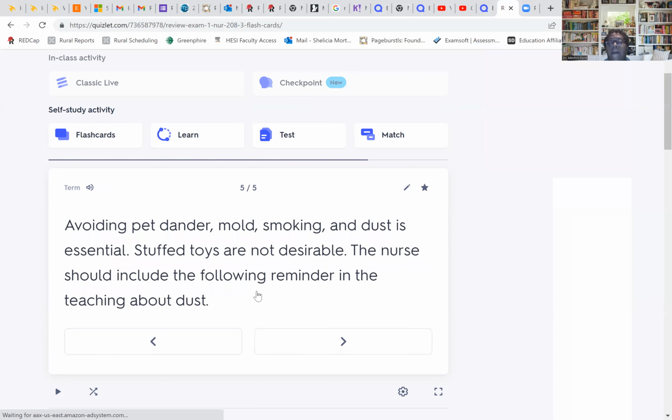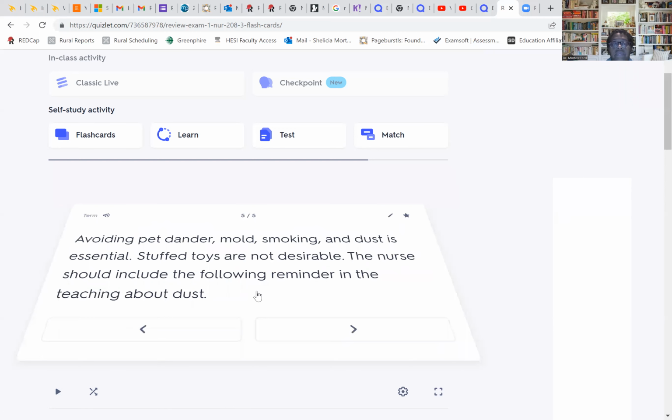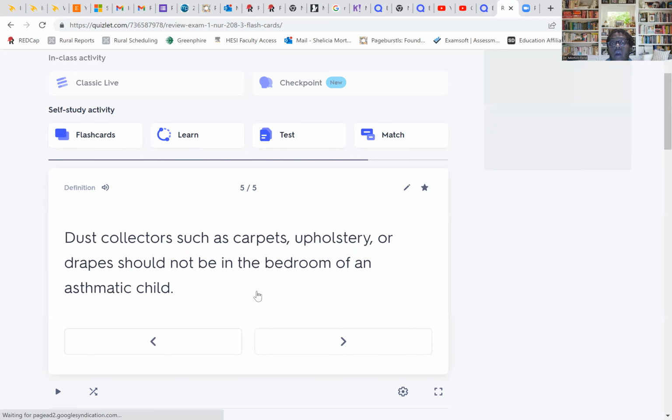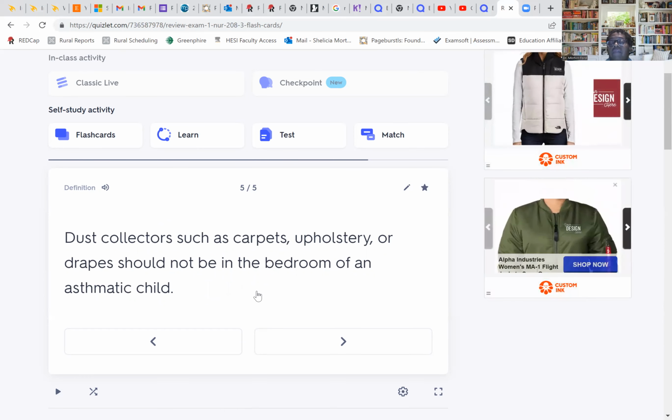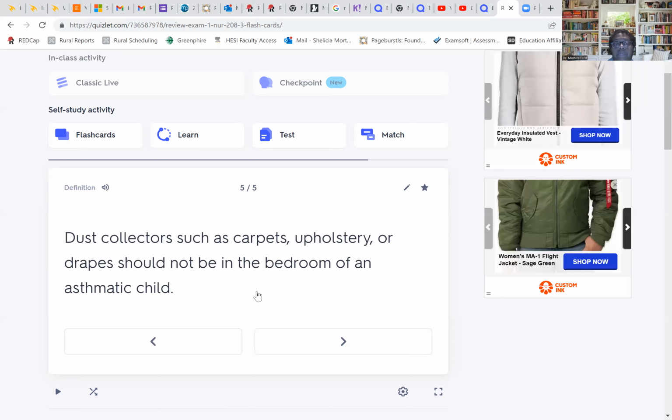Avoiding pet dander, mold, smoking, and dust is essential when we're talking about people that have asthma, particularly children. Even stuffed toys are not desirable because they collect dust and dander. So the nurse should include the following reminder in the teaching about dust: dust collectors such as carpets, upholstery, or drapes should not be in the bedroom of a child that has asthma.